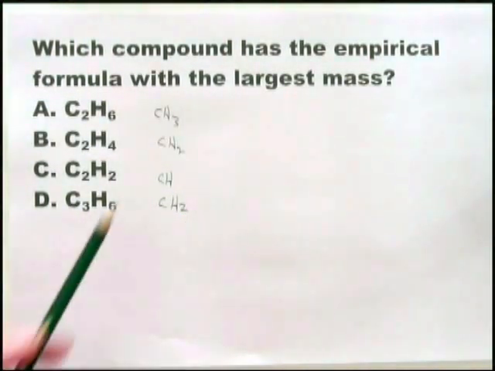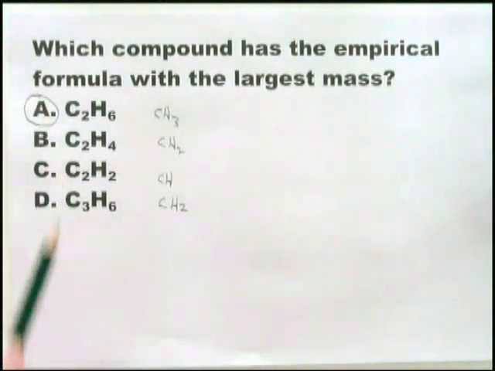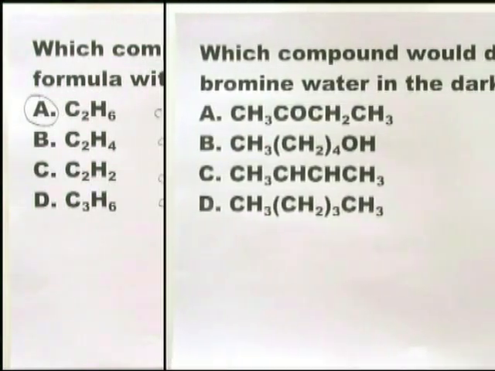And immediately you can see that it's this one. So this is a matter of working fast, knowing exactly what is meant by empirical formula and writing them down, or if not, maybe you can do this one in your head. But certainly it's a matter of being able to see the empirical formulae within these molecular formulae very quickly.